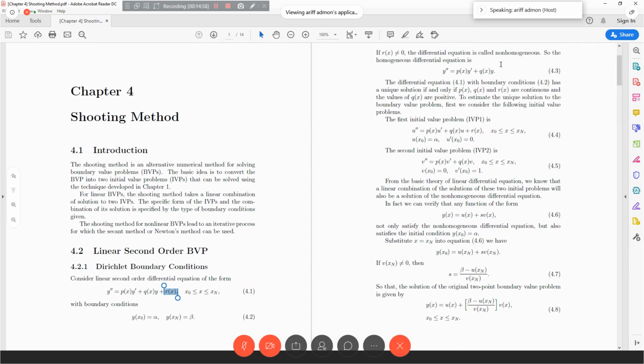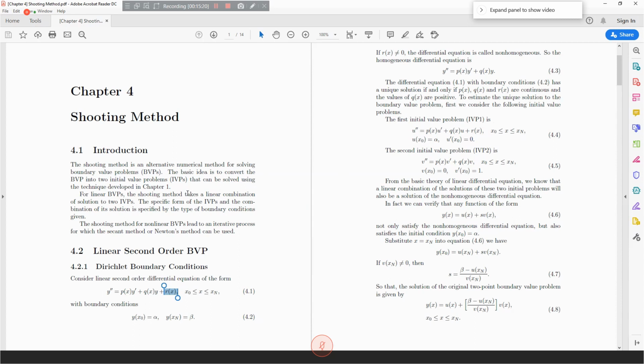This is regarding the homogeneous case, where R of x is zero. So go to the algorithm, the step by step that you need to do when you want to solve a linear second order problem with Dirichlet boundary conditions. Look here. This is our first initial value problem.